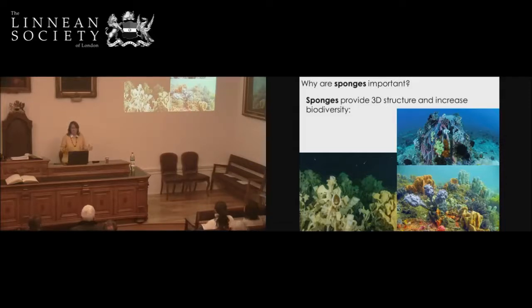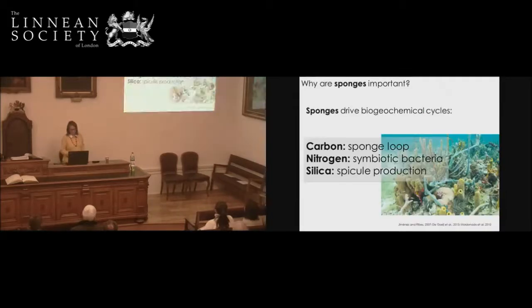They are absolutely full of annelids, of shrimp and crabs and fish, and everything lives in sponges, which is incredibly annoying for a geneticist like me. But it's very good for the ecosystem.